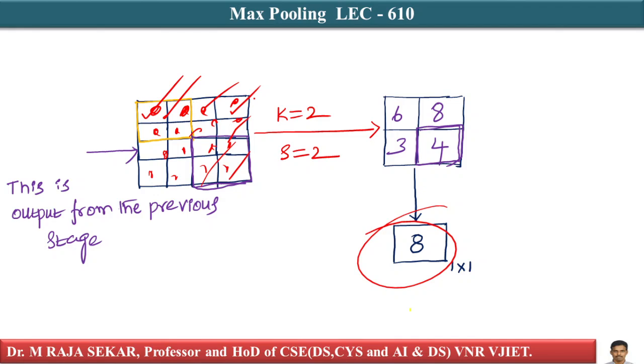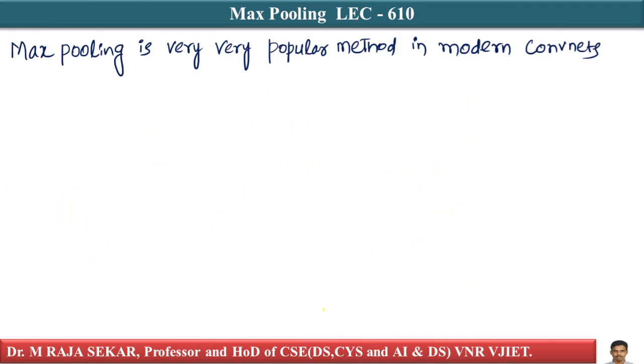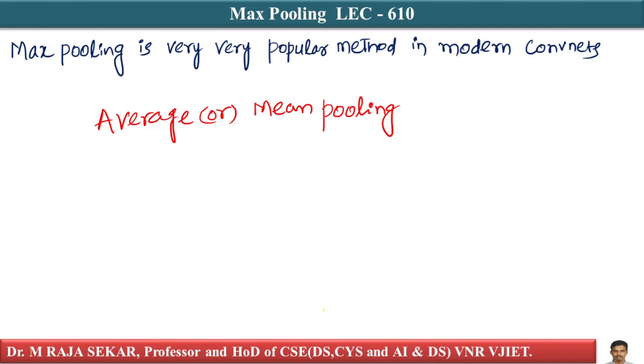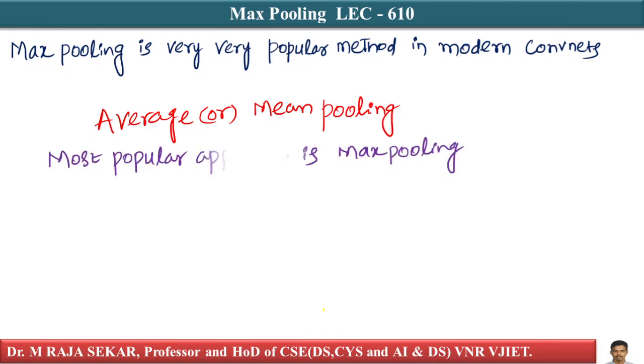Max pooling is a very, very popular method in modern convnets. There are also some older convnets where people used average or mean pooling, where instead of the max in the kernel, it's the average or mean. Which one is the most popular approach?